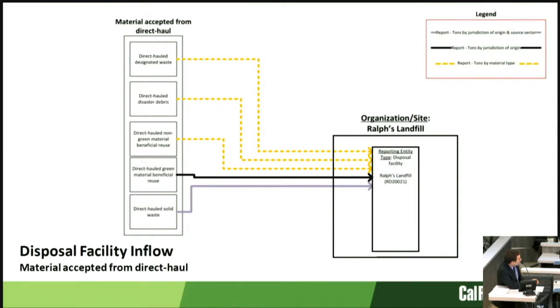In this example, you would provide the jurisdiction of origin and the source sector for that material that you accepted, like 400 tons Benicia, 300 tons Martinez, 250 Concord, 200 Hayward, and so on. That's not a new requirement for disposal facilities. But what is new is tracking the source sector on the inbound.